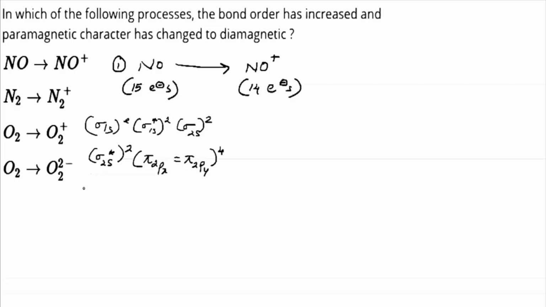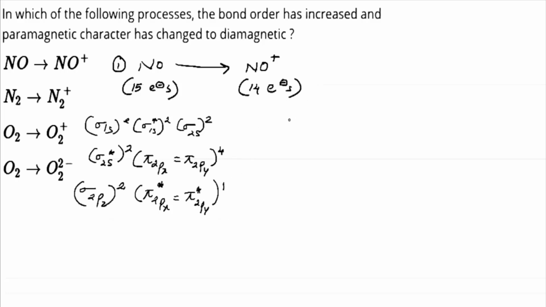Then comes in your sigma 2pz. So that will accommodate 2 more. And then comes in your 1 electron, which will get accommodated in the pi star. So 4 plus 4, 8 plus 2, 10, and then pi 2px star equal to pi 2py star, the total will be equal to 1. In any one of them, it would be residing. Sigma star 2pz would be 0, of course.